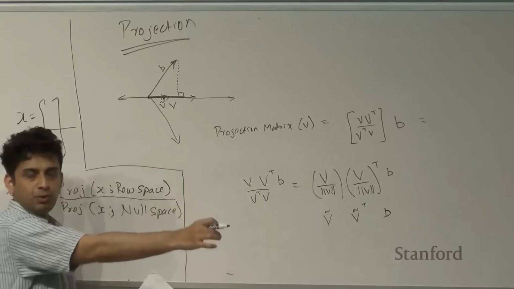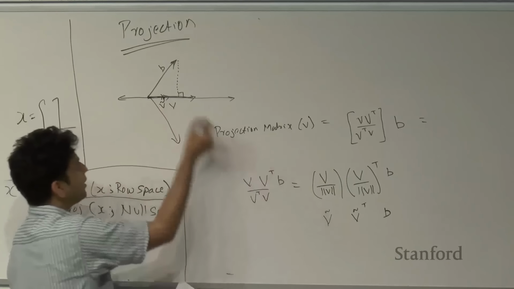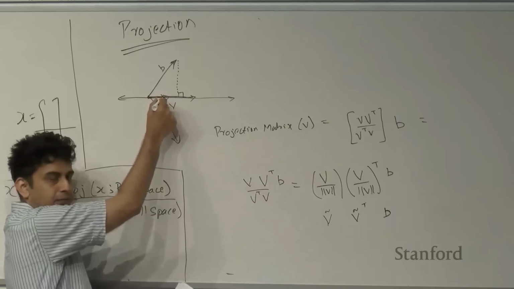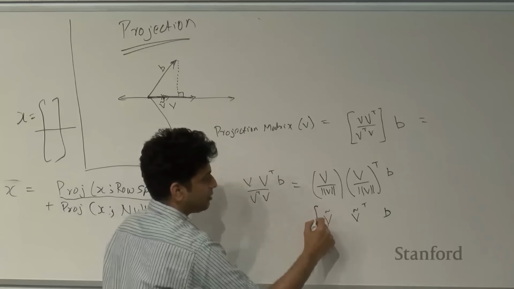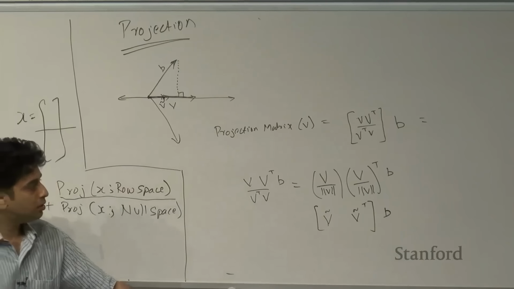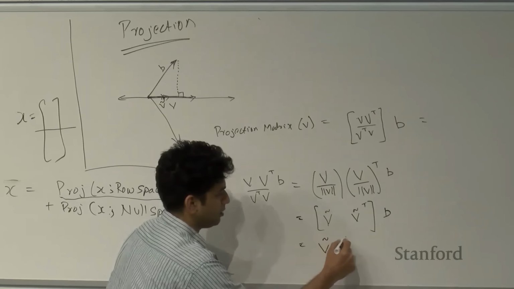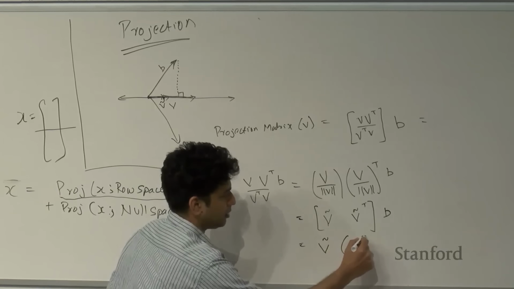So it doesn't matter which specific vector you chose in the subspace, we rescale it by the length, come back to V tilde, and the projection matrix is V tilde times V tilde transpose.